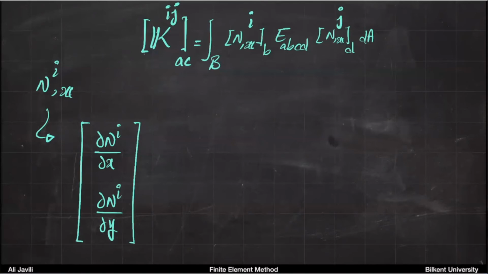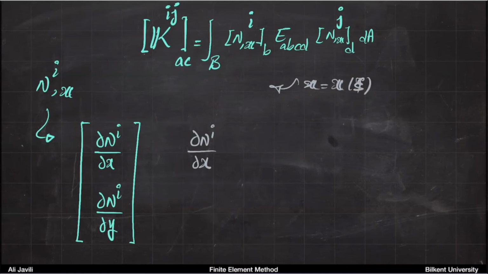But now, how can we calculate each of these? Let's look at it and play exactly the same game that we played before. If you say it's, for instance, the derivative of N_i with respect to x, imagine that you have x as a function of ξ. That's what we want to do, right?